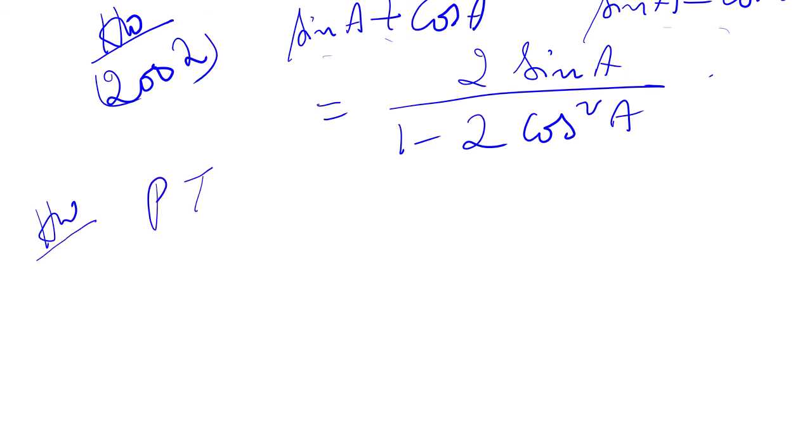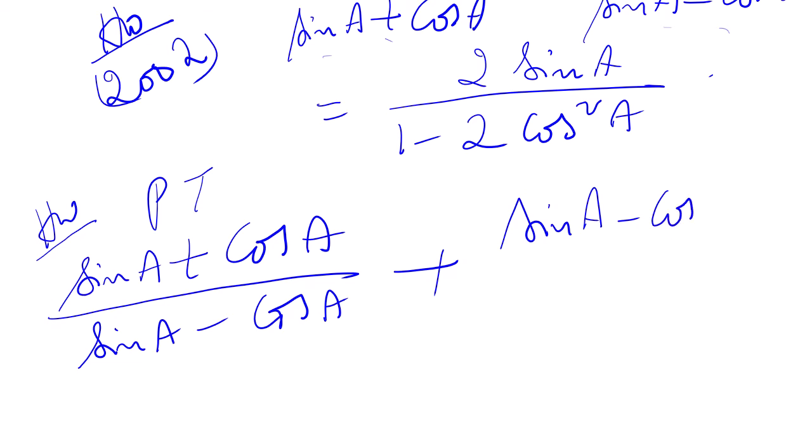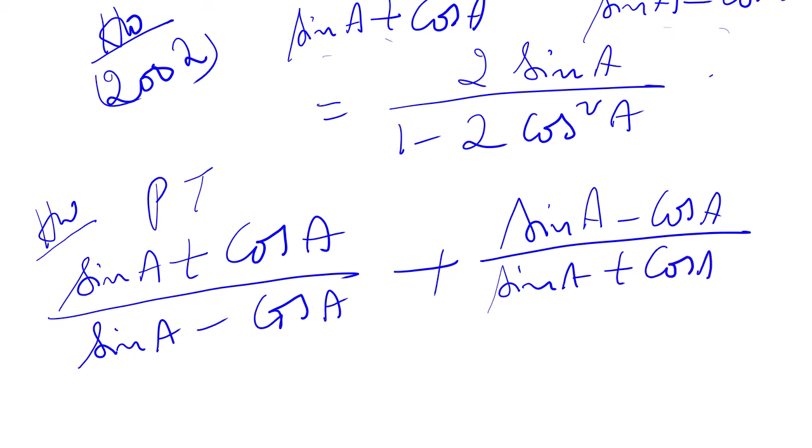Prove that sine a plus cos a upon sine a minus cos a plus sine a minus cos a upon sine a plus cos a is equal to 2 upon 2 sine square a minus 1.